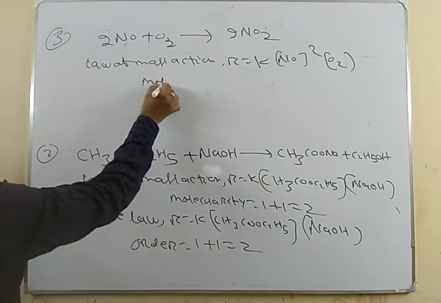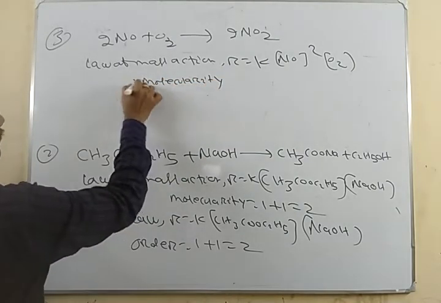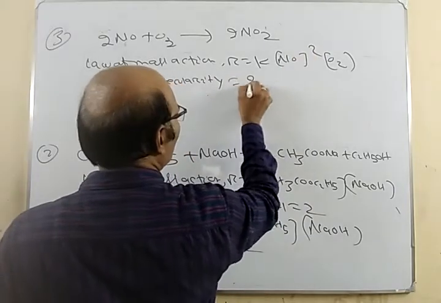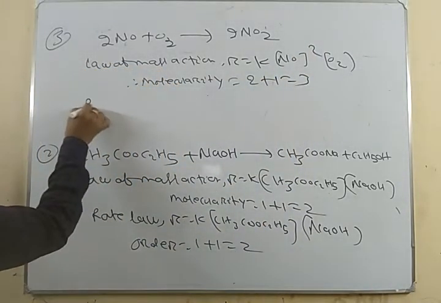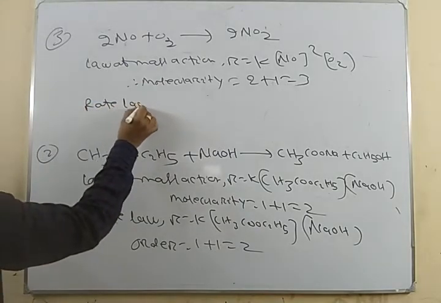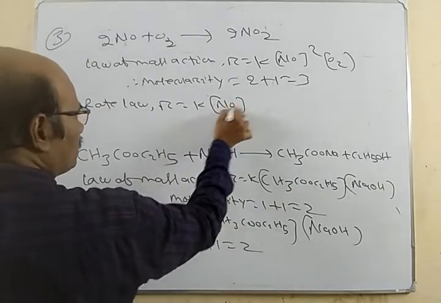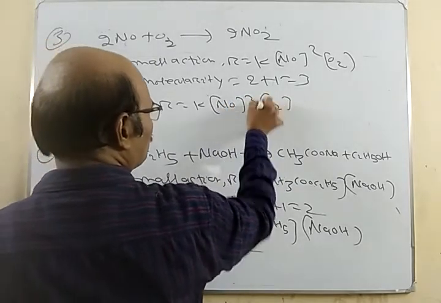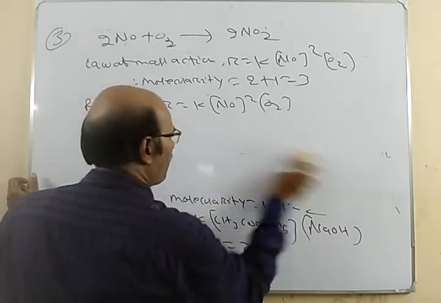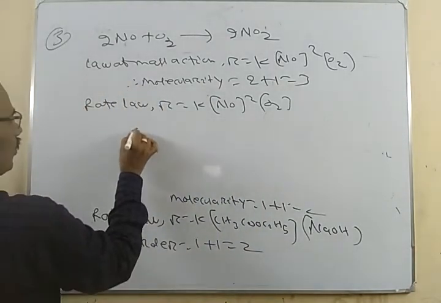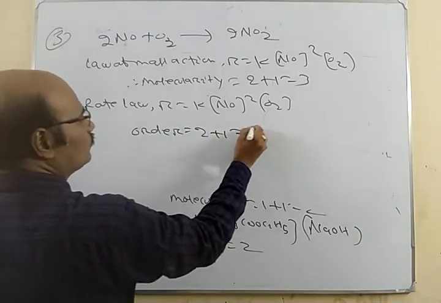So molecularity is 2 + 1 = 3. The rate law is also R = k[NO]^2[O2]. So order equals 2 + 1 = 3.